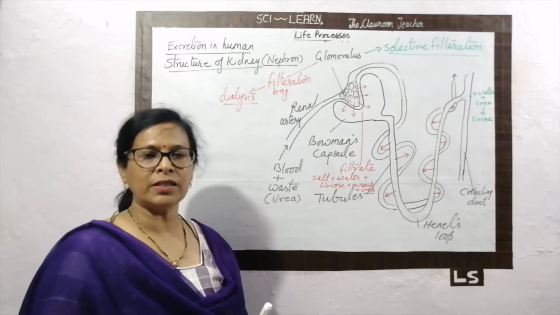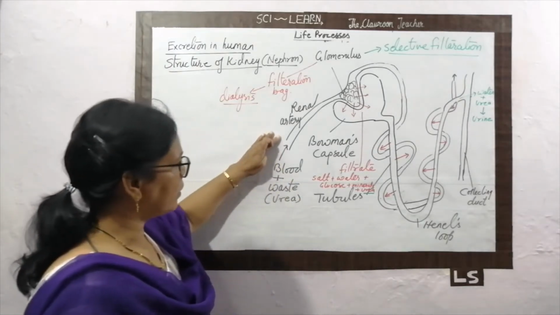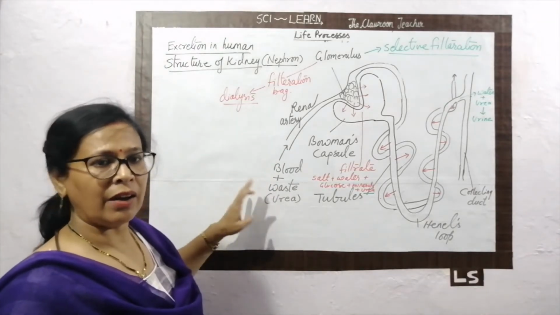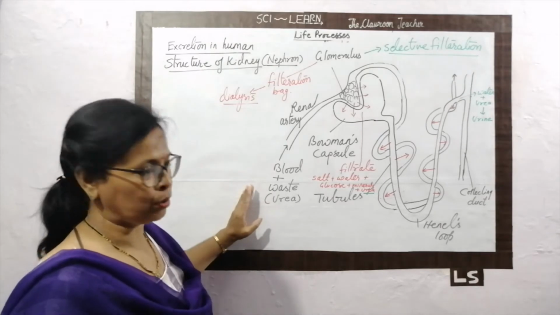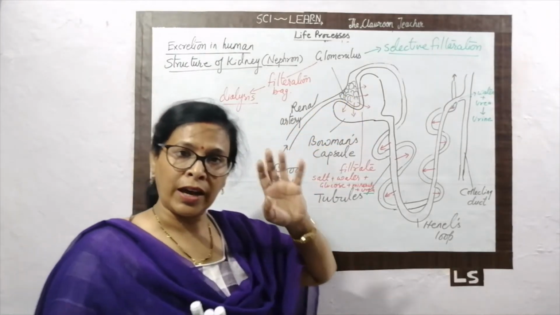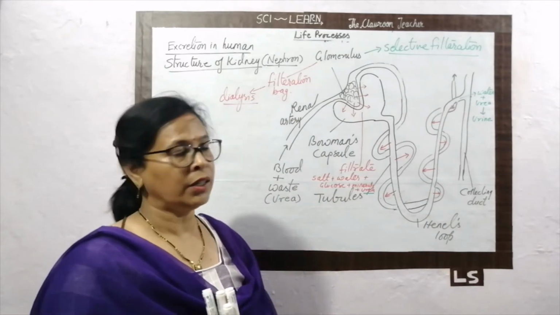The process is a little bit complicated, but what happens with the renal artery? The blood which contains urea as the waste, along with essential components also, enters the glomerulus where the process of dialysis is going on, that we call selective filtration.